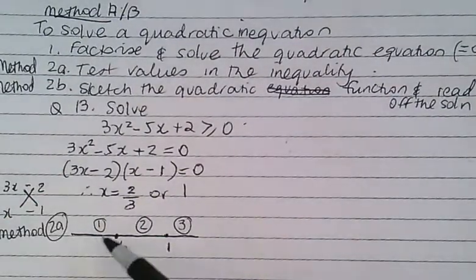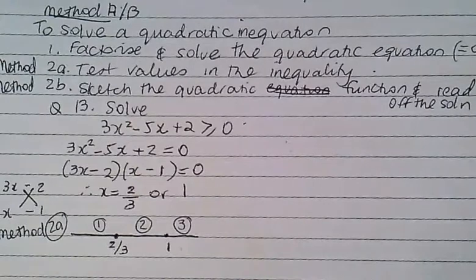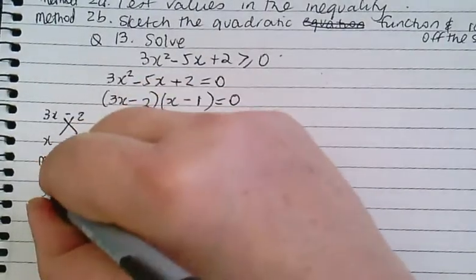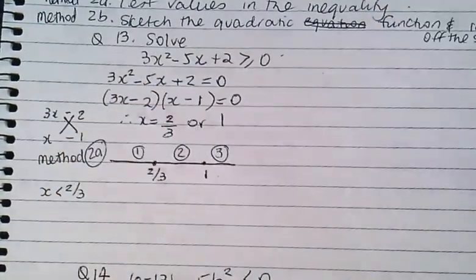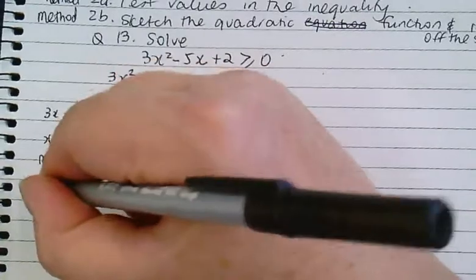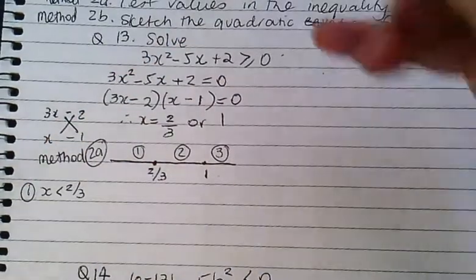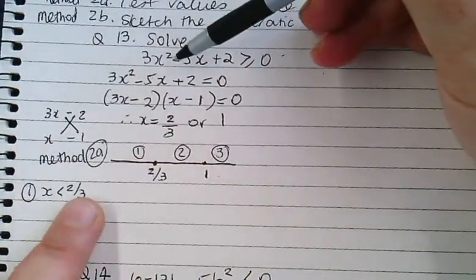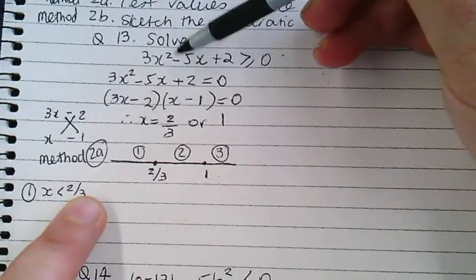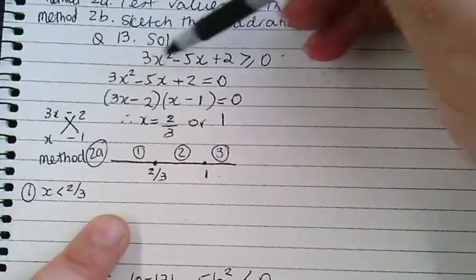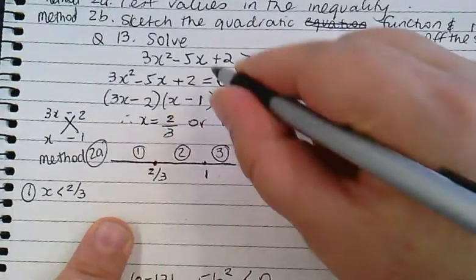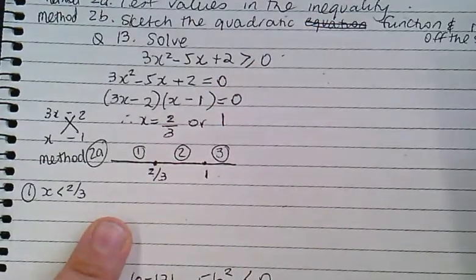So both methods do this first bit. Method 2A is to put these solutions on a number line and test the different regions. So wouldn't the first region be x is less than 2/3, right? So let's try x is less than 2/3 for region 1. And just think of a value. For example, x is 0, that's less than 2/3, isn't it? What would you get here? If x was 0, I would get 2. Is that greater than or equal to 0?